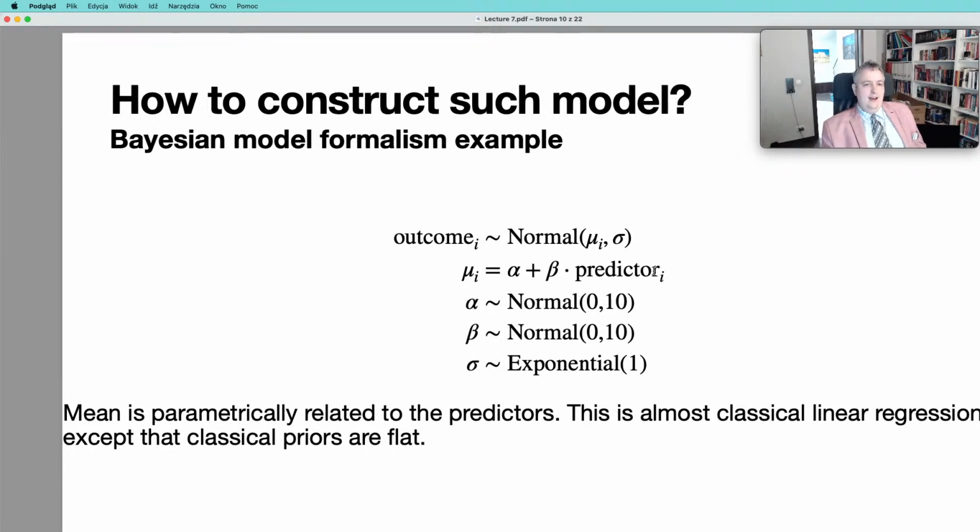If we don't have any basis for relationships, because for example, if we know that there's a positive relationship between predictor and the outcome, then we need to focus on how to express that in the prior.